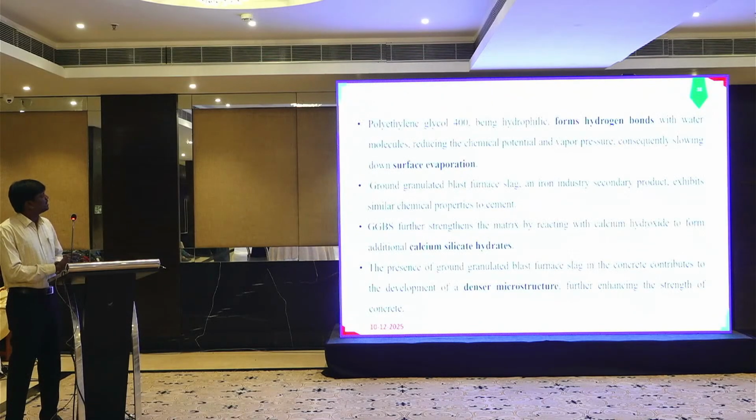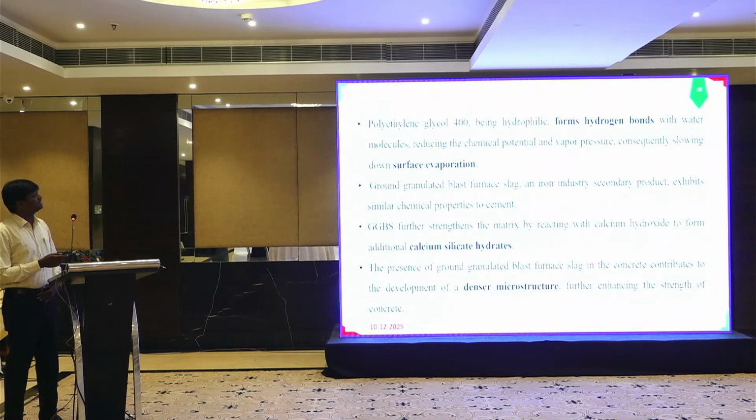The variation of the strength with the addition of polyethylene glycol and GGBS is because polyethylene glycol is a hydrophilic material which forms a bond with the water when it is added to water, and it releases the water at the time of requirement during the cement hydration process.